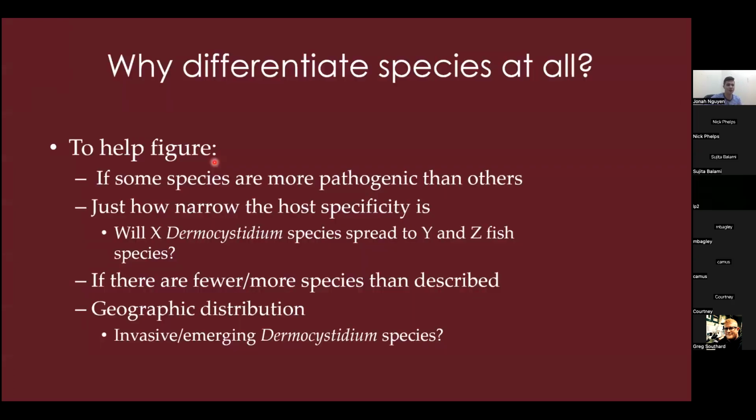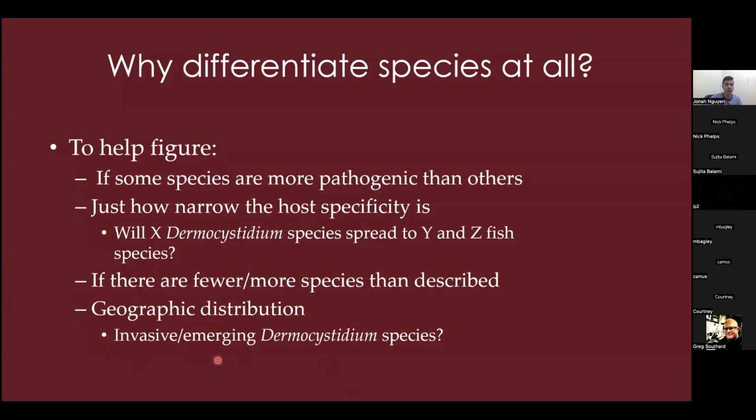So first, why differentiate species at all? Well, you don't know a lot of things if you can't differentiate species. To figure out if some species are more pathogenic than others, or just how narrow the host specificity truly is, which is important because if you want to know if X Dermocystidium species in your fish will spread to your other fish, then we need to know what these different species are, or if there are more or fewer species described, obviously, and the geographic distribution.